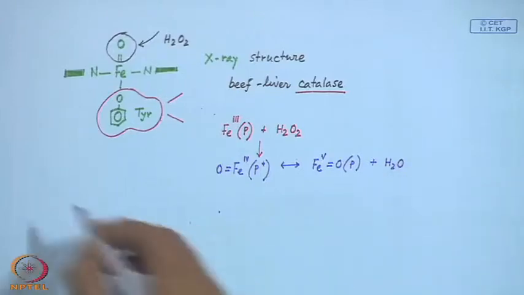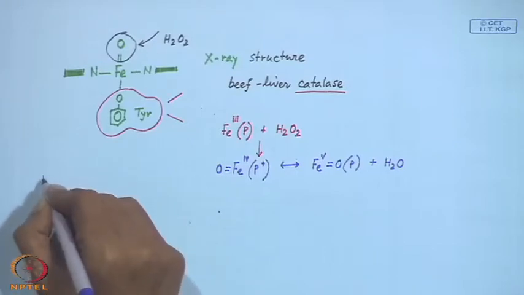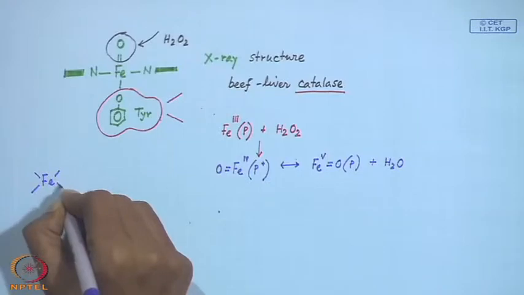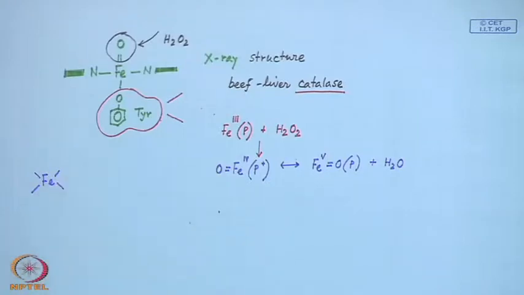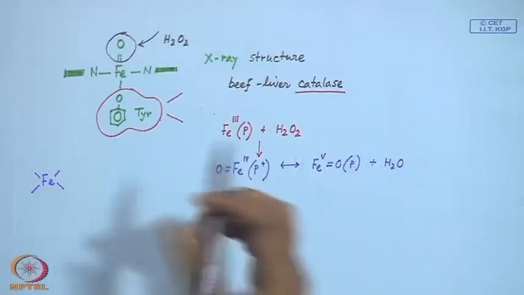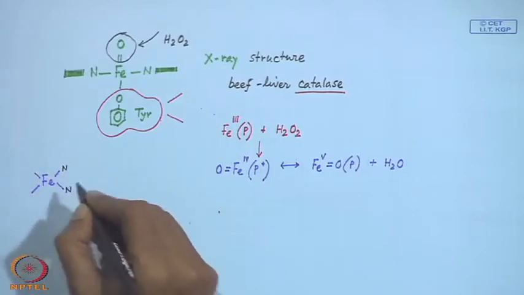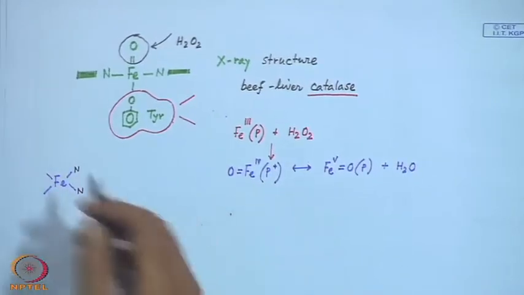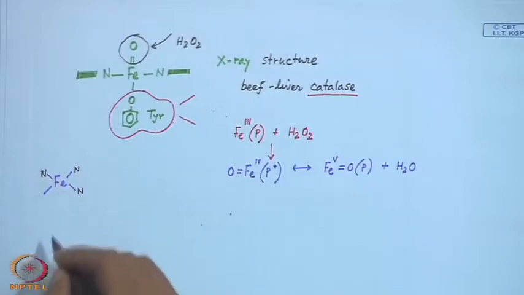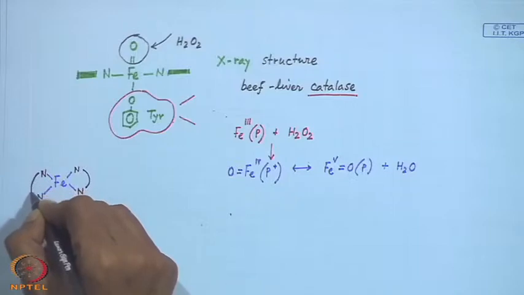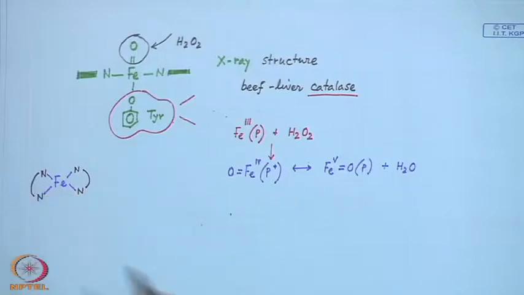So, if you have your iron, and it is bound to 4 nitrogen atoms of the porphyrin, okay.